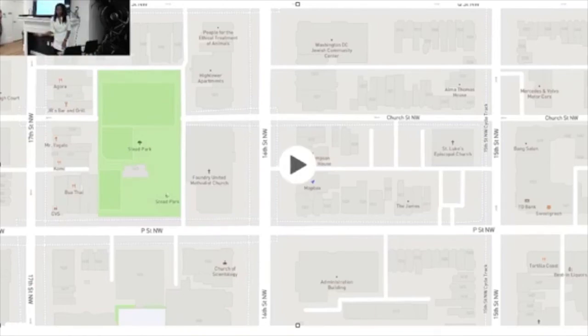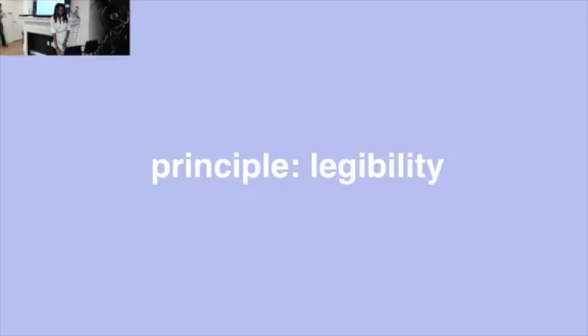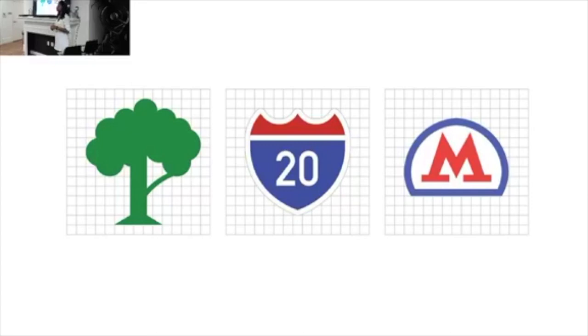Now we're going to talk about legibility, which is more about the ability for something to be comprehensible. Iconography is something that you have to consider with legibility. You want to make sure that the way you're drawing your shapes is still legible when they're very small. Any of you who've made icons know that it looked good really big, and then you make it small and you're like, what is that?